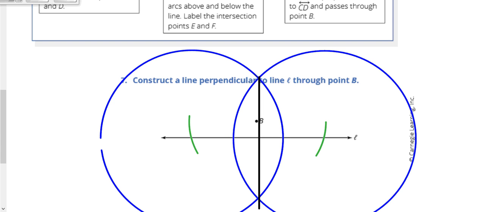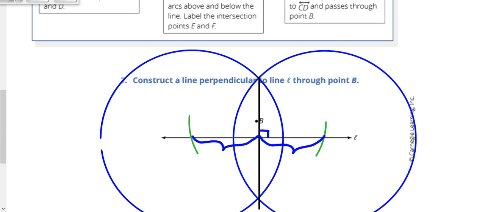It's kind of hard with the smart board, but it draws a line through pretty close to B, and that is perpendicular to that line. Okay, and actually I have bisected this little line segment in here. So this distance here is equal to this distance here because I drew it based off of that point B.